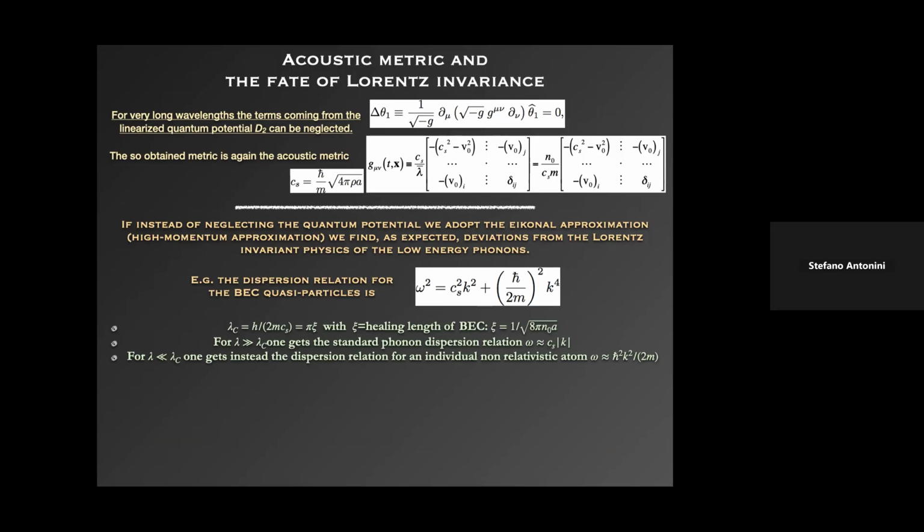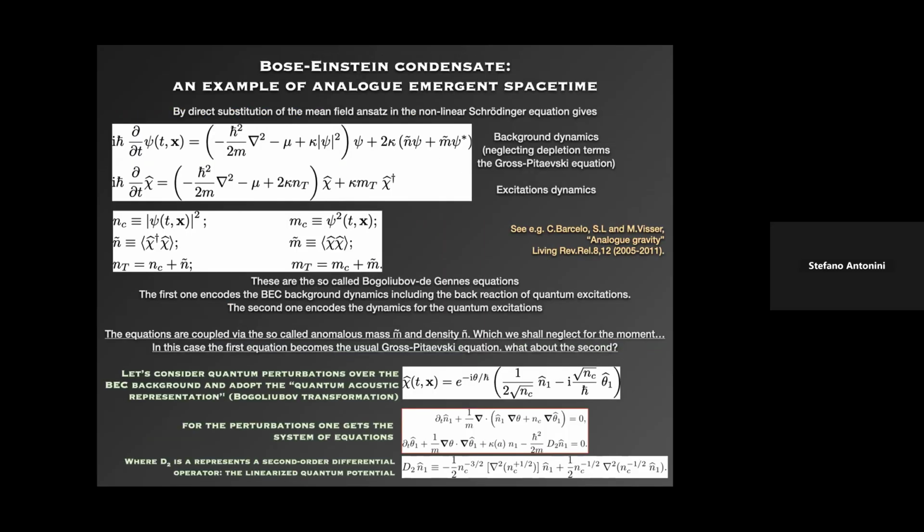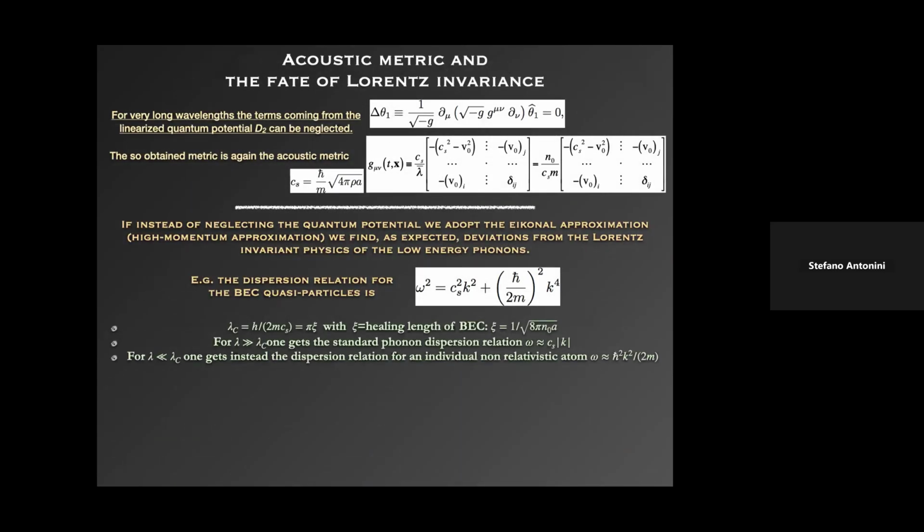Of course, if you don't neglect this term, you have to do an eikonal approximation to get anything, since you cannot work with the differential operator. What you get is a modified dispersion relation. This is the famous Bogoliubov dispersion relation. And this is something testable. It's laboratory everyday life for people doing BEC.